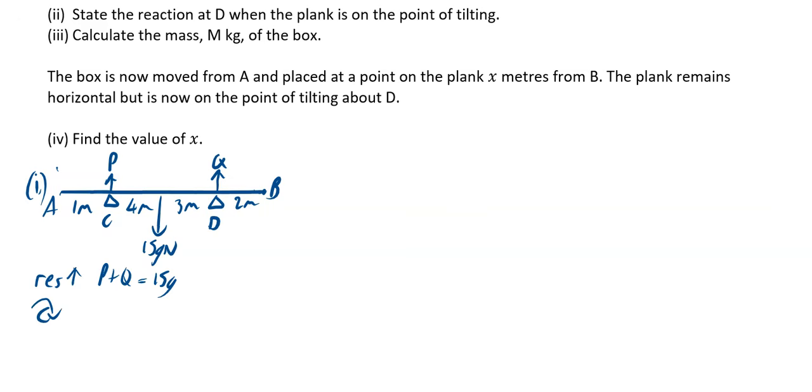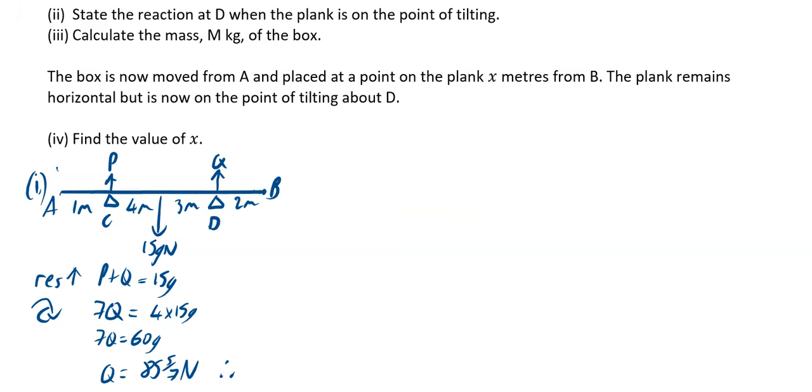So I'm going to do clockwise equals anti-clockwise. Taking moments about C, I have got 7 times Q, this is actually anti-clockwise, but 7 times Q is equal to my 4 times 15G, so 7Q is equal to 60G, and that means, a wee bit of working out, your Q works out to be 85 5/7 newtons.